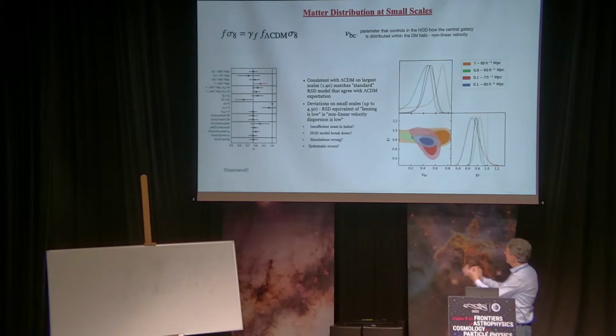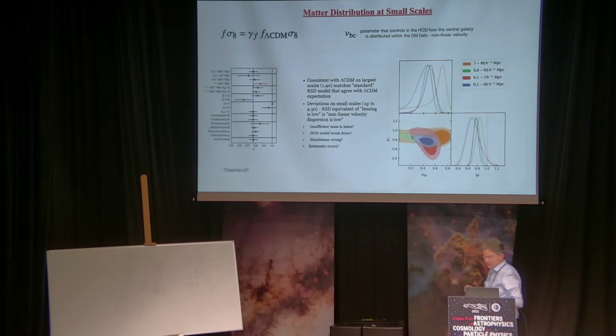You have the halo, and you put the galaxy there, and this galaxy can have a little bit of displacement with respect to the center of mass of the halo. This is the way in which I see this thing. And they found that this correlates with this function here. So it correlates in this way, and this correlation depends on the scales.